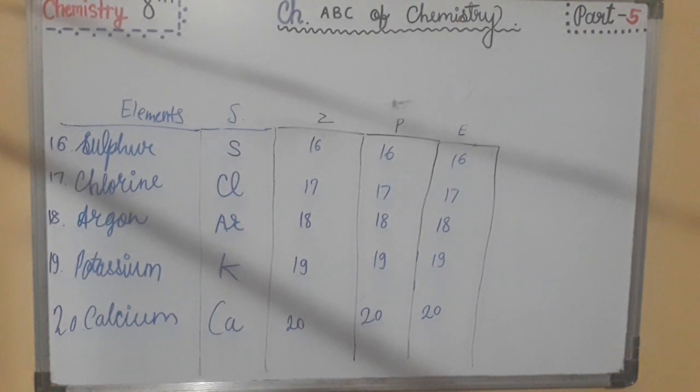Hence, from point 1 and point 2, we can say that no two elements can have the same atomic number. Third point is that in a neutral atom, the number of protons are equal to the number of electrons.